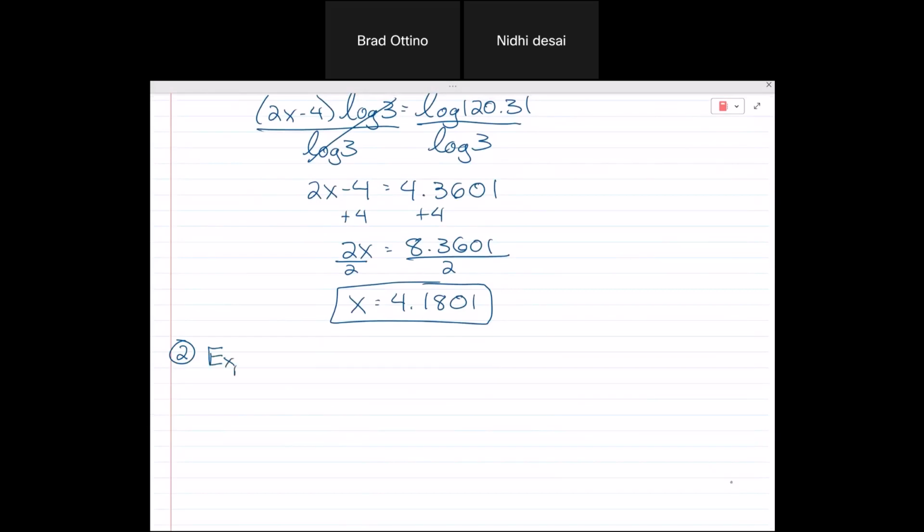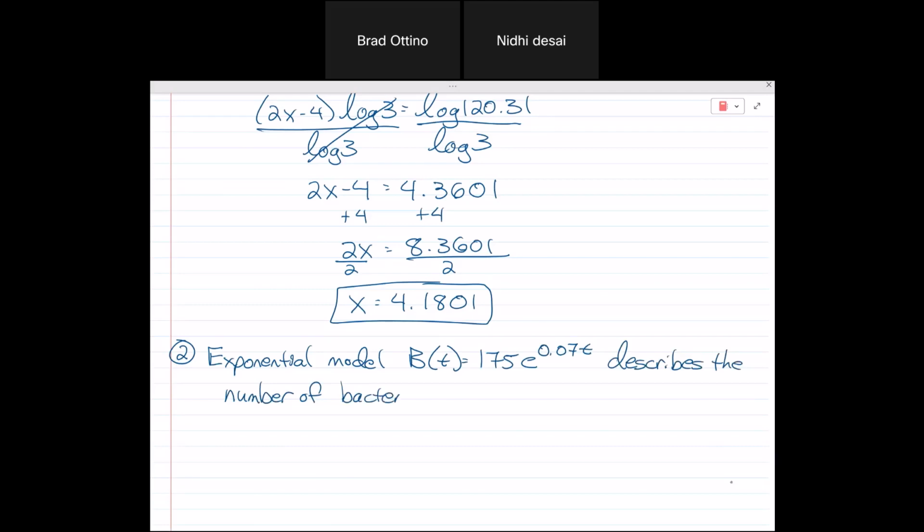So the exponential model B of t is equal to 175 e to the 0.07 t power describes the number of bacteria, where t is in hours.